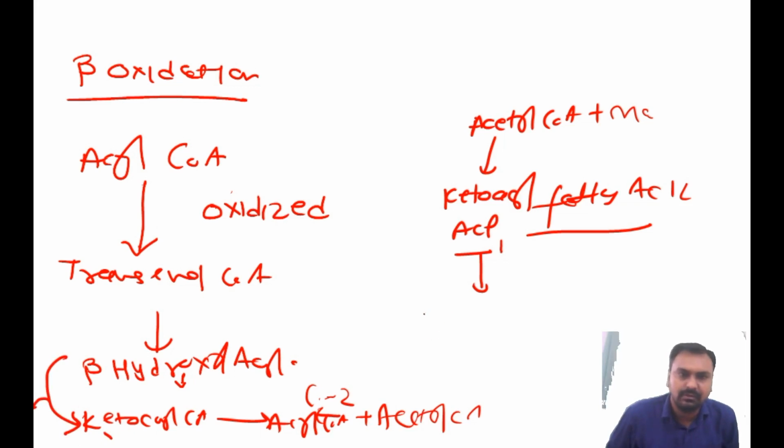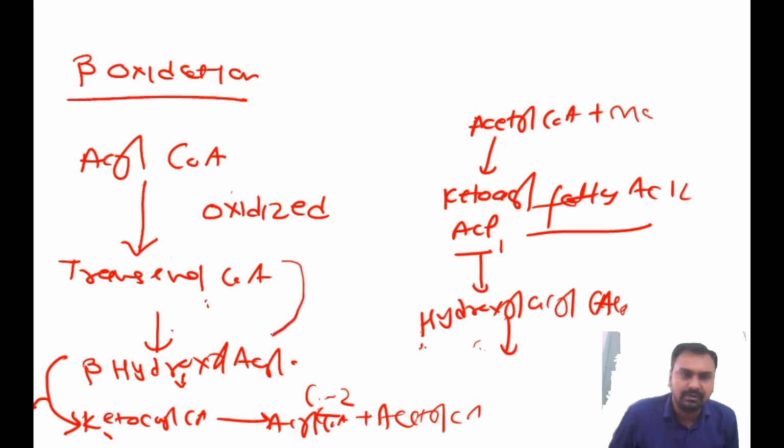So here ketoacyl ACP will be converted to hydroxyacyl ACP. Then in beta oxidation, trans-enoyl CoA was converted to hydroxyacyl CoA. Here, hydroxyacyl will be converted to trans-enoyl ACP, and here a dehydration occurs.